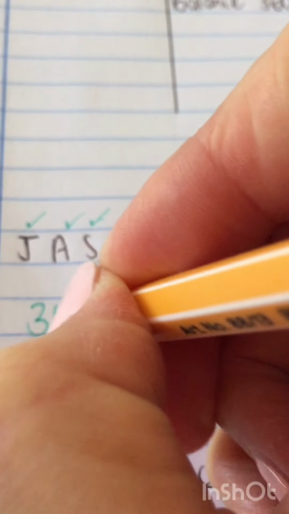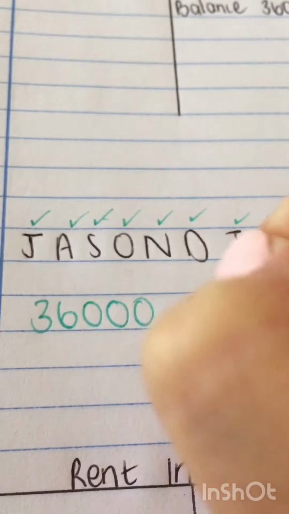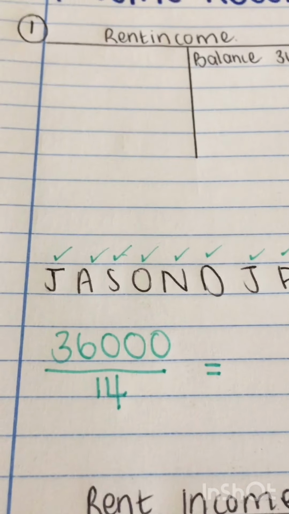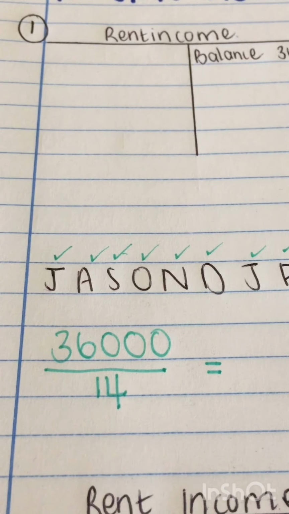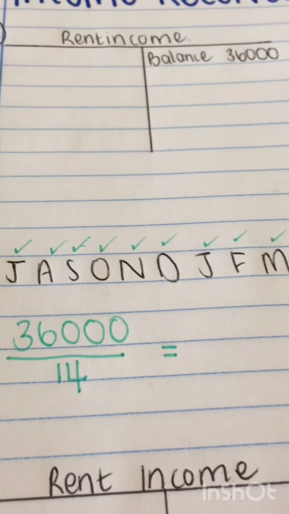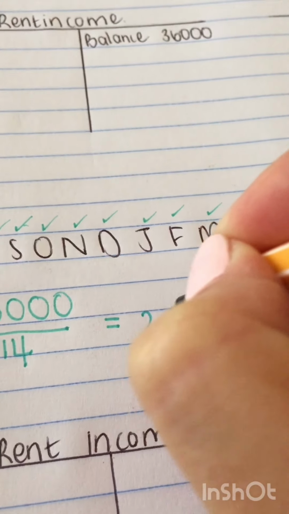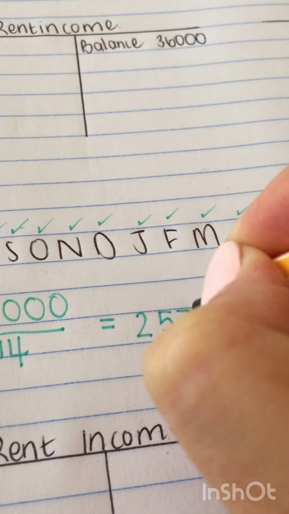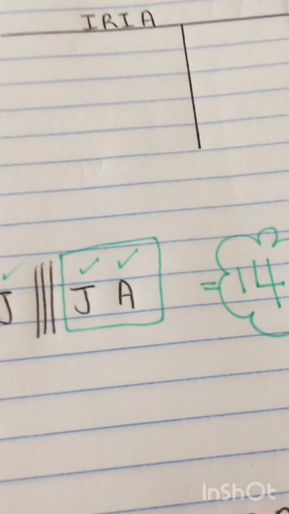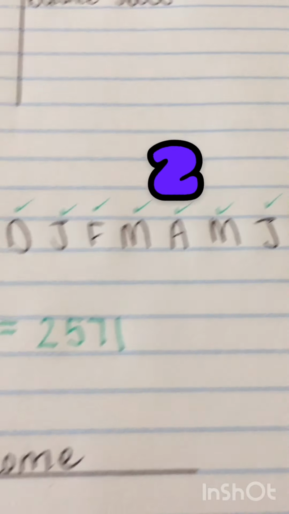So 36,000 divided by 14 will give me the amount rent per month. That is 2,571 per month. I have an issue with 2 months.